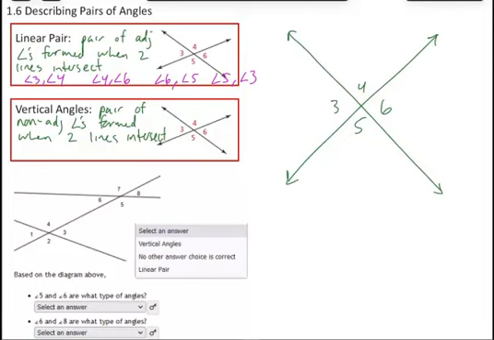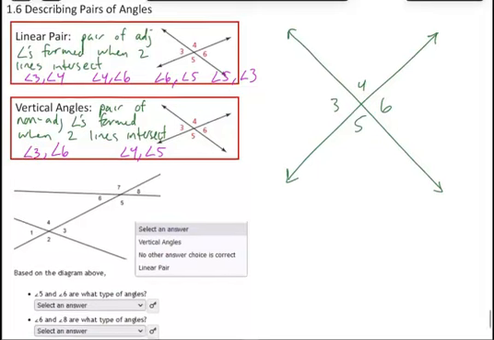Vertical angles are the ones that are non-adjacent. So when I look at angle 3, there's only one angle that's not adjacent to it in those pairings, and that's which angle? 6. And when I look at angle 4, angle 4's vertical angle is 5. And so that's just the labeling of these. We'll talk about the relationship between them in the next slide, but this is just labeling them.